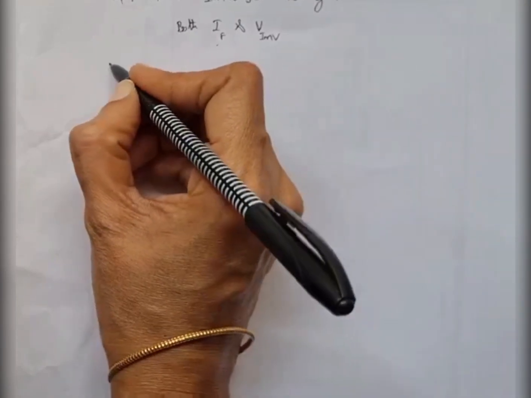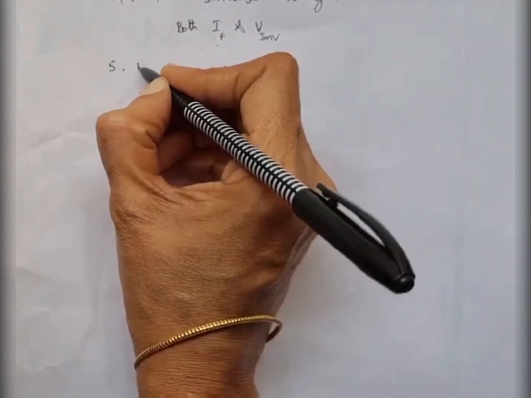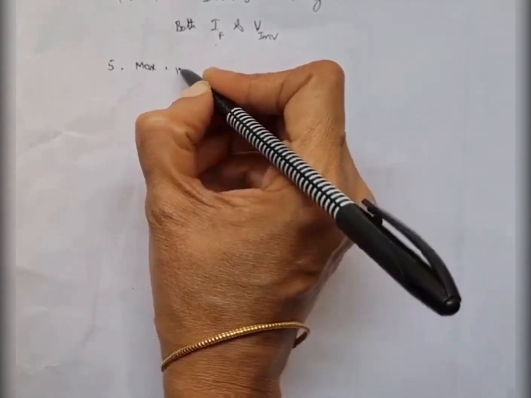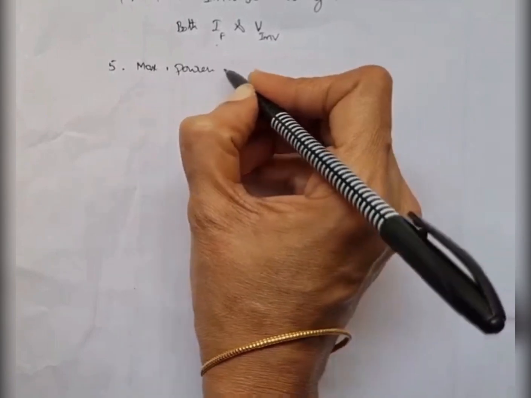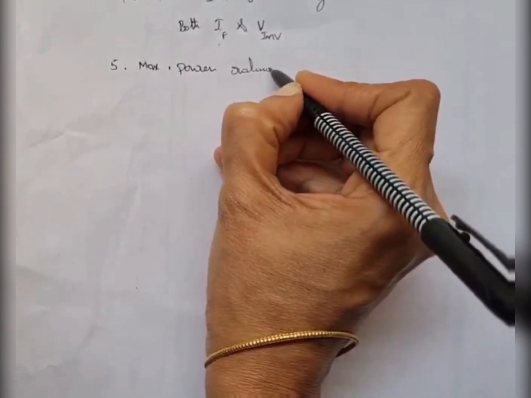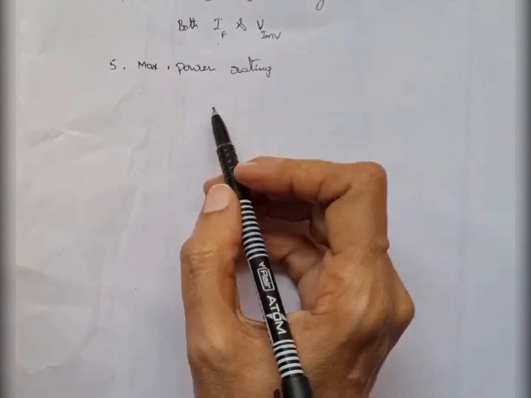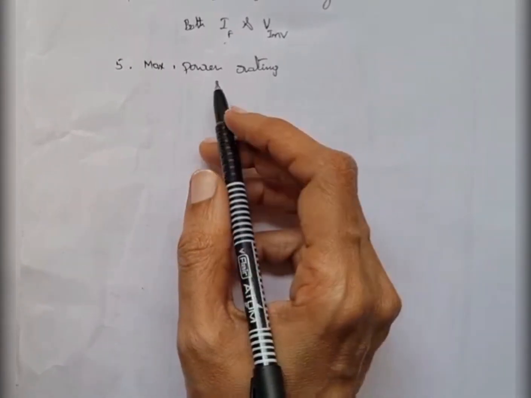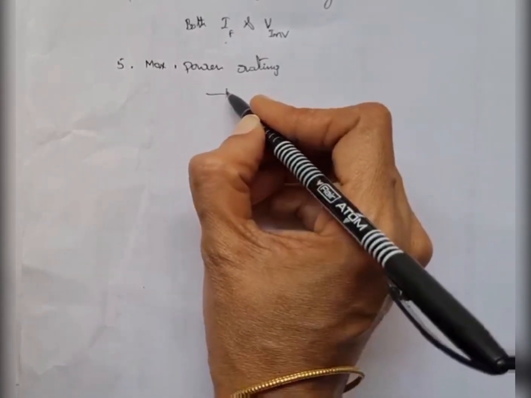And the fifth term we are using is maximum power rating. It is the maximum power that can be dissipated at the junction in a PN junction.